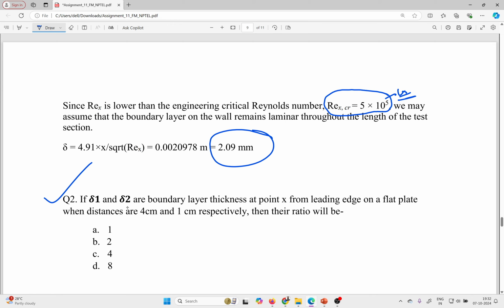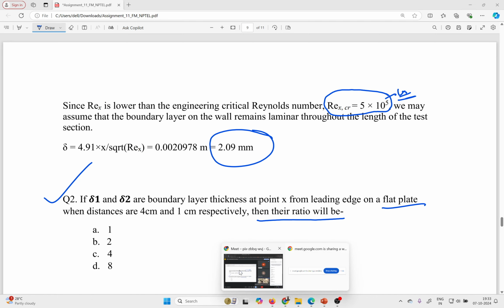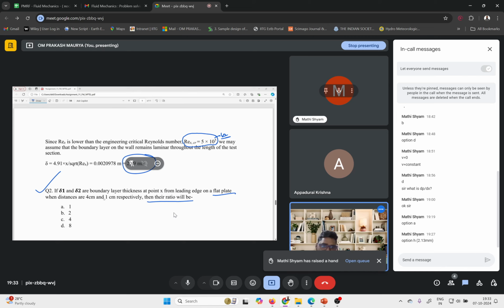If delta 1 and delta 2 are the boundary layer thicknesses at point X from the leading edge on a flat plate, when the distances are 4 centimeter and 1 centimeter respectively, then what will the ratio be? So please try to think on that and try to give your answer. This is a very important question.